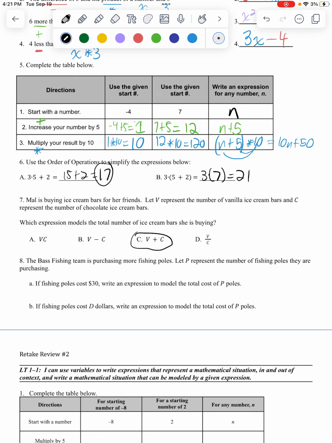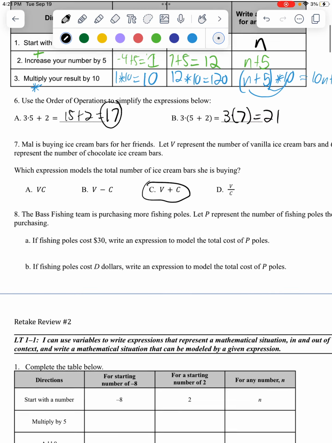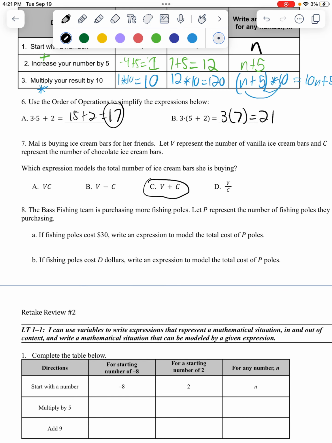The bass fishing team is purchasing more fishing poles. Let P represent the number of poles they're buying. So if each pole costs $30, right, that means 2 poles is 60 and 3 poles is 90. So I'm going to take 30 and I'm going to add 30 over and over again based on the number of poles I buy. Well, what operation tells you to add over and over?